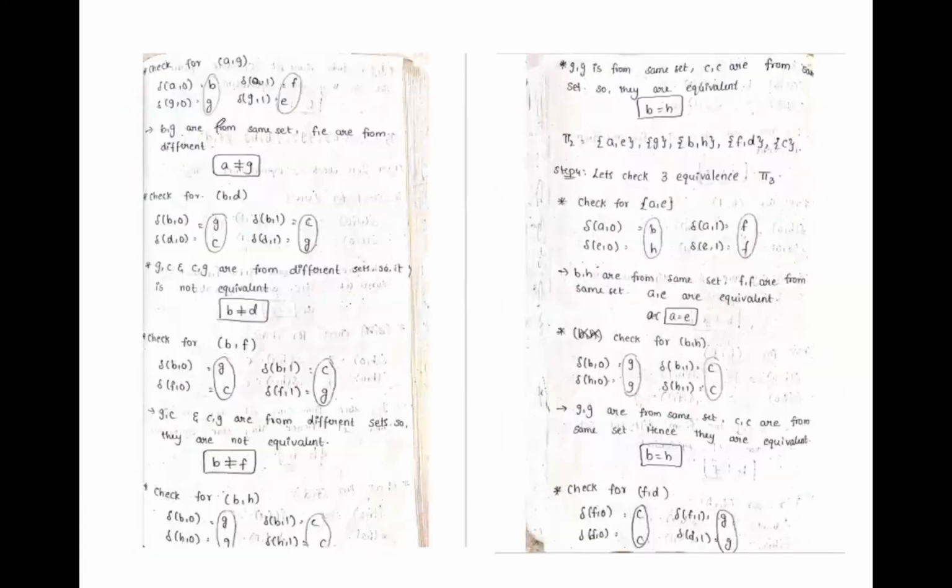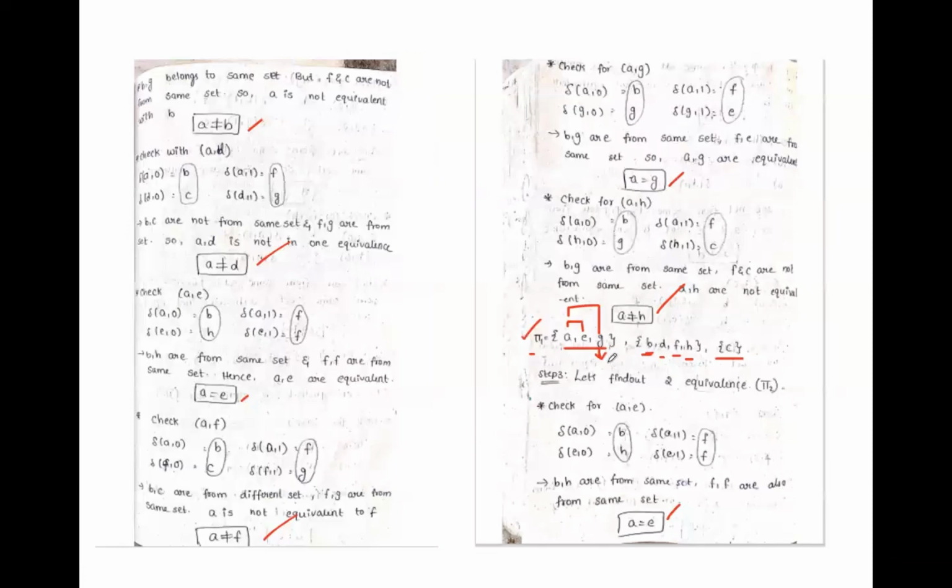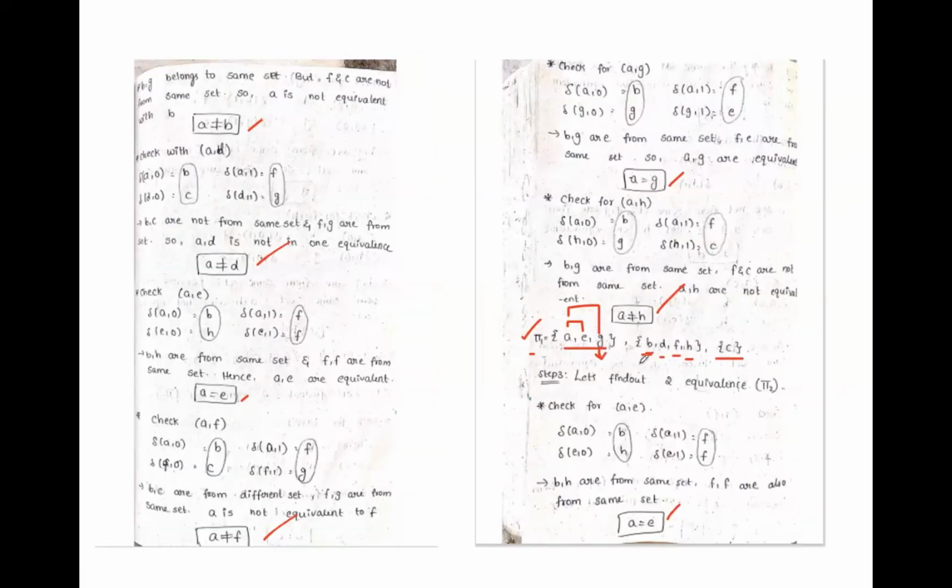Whereas here B and G, G is present in the first set, B is present in the second set. So they are not equivalent. So directly we can write it as A not equivalent to G. Now we need to check this set also, B with D.